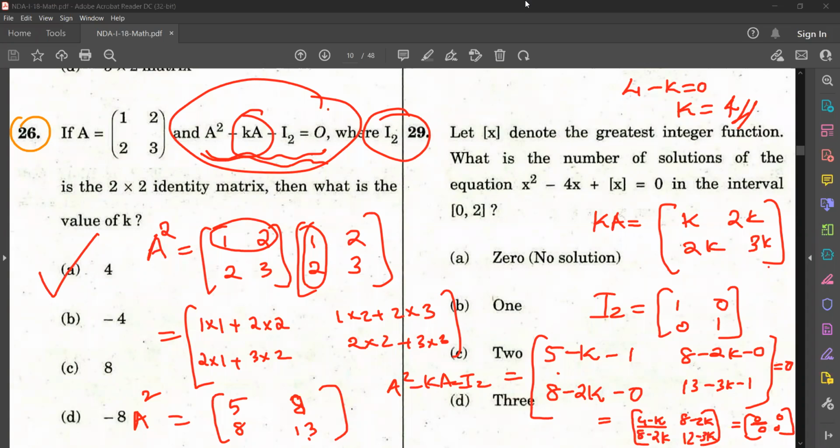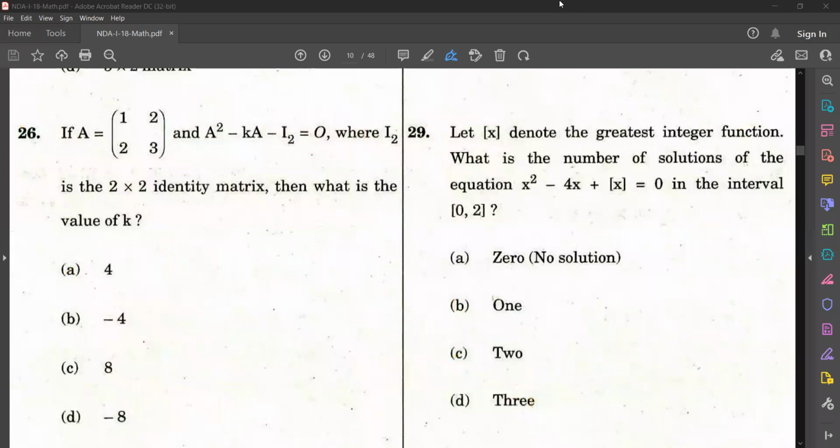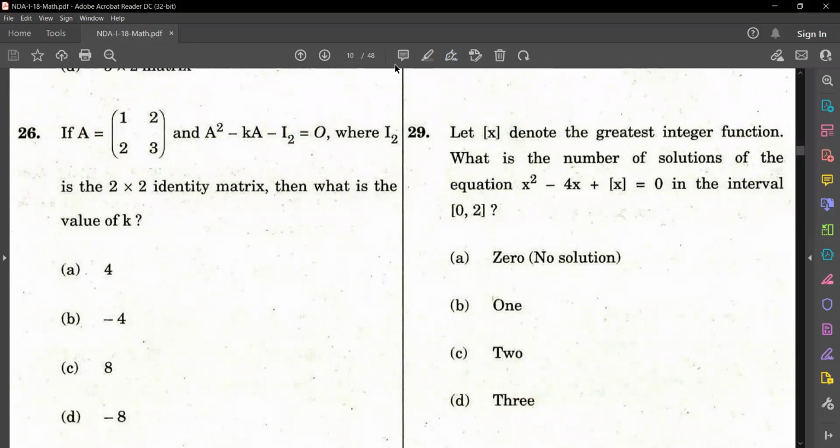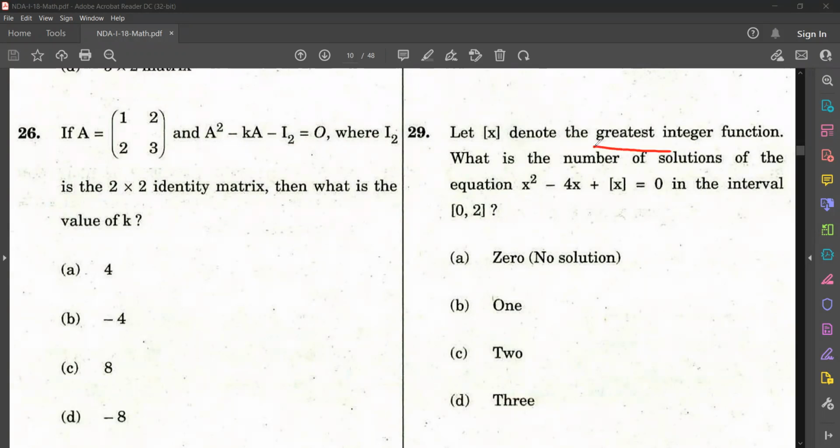Let's go to the next question. Question number 29. Let x denote the greatest integer function.